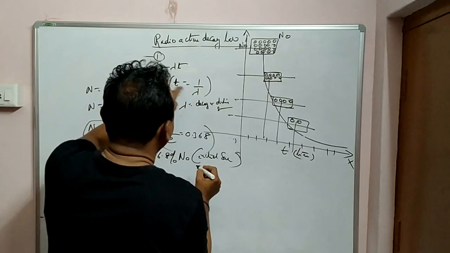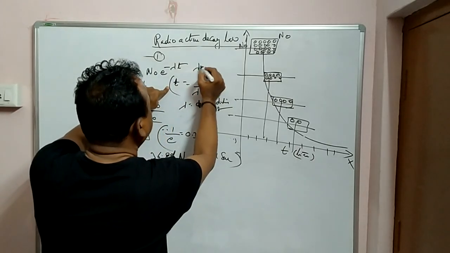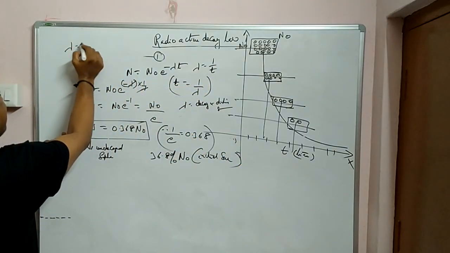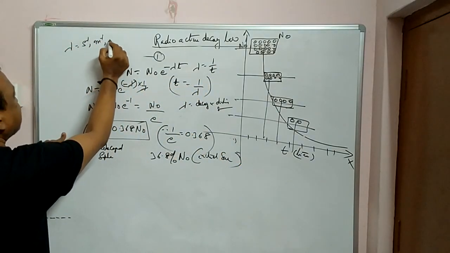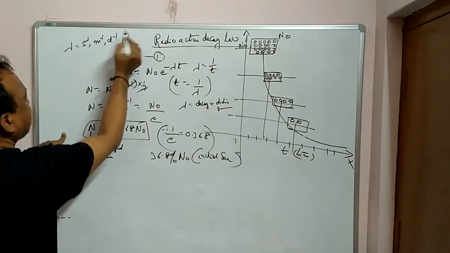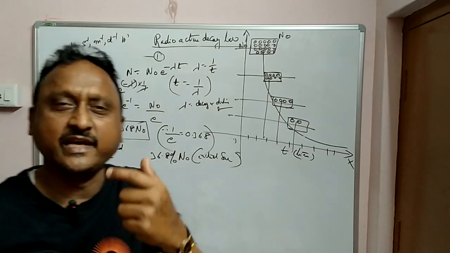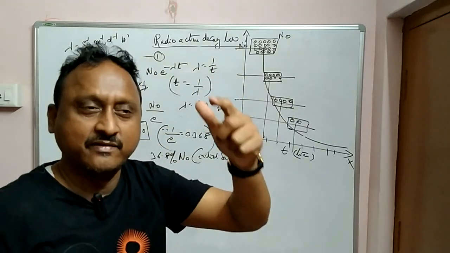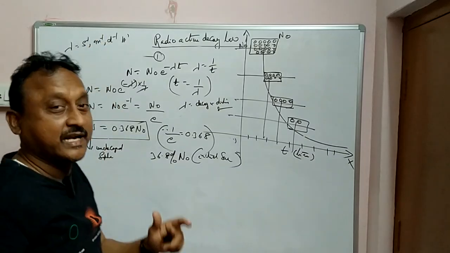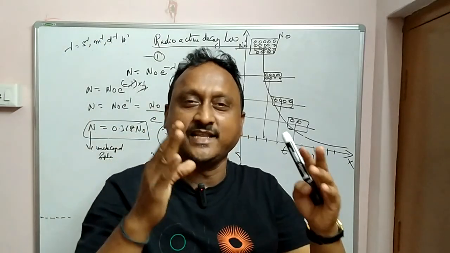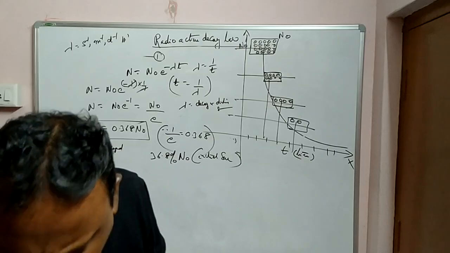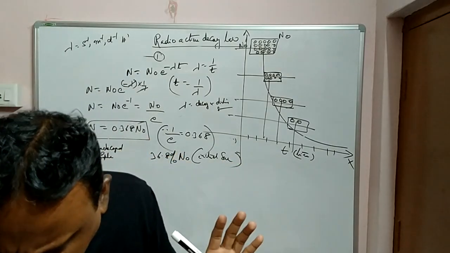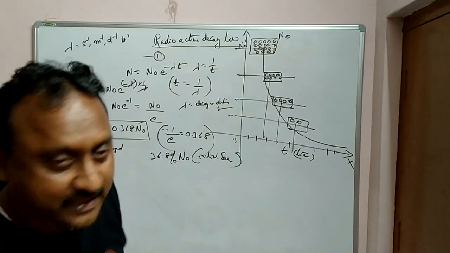So lambda is 1 by T, where T is time. What are the units of lambda? Second inverse, minute inverse, hour inverse, day inverse, etc. Because it is the inverse of time, 1 by T, that is the unit of the decay constant. Please clearly understand, N is the undecayed sample and lambda is the decay constant.